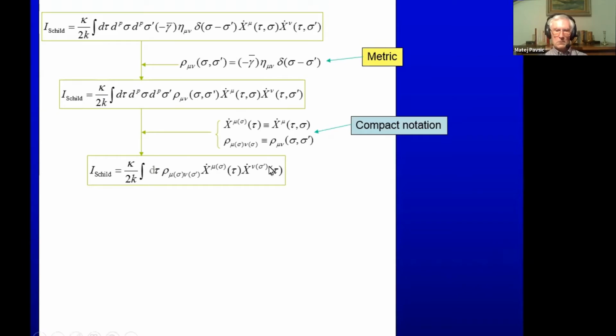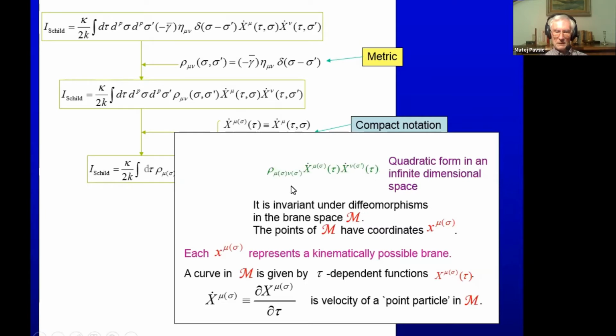Now, this object under the integral is a quadratic form in an infinite dimensional space. It is invariant under diffeomorphisms in the brane space, that is, under coordinate transformations in the brane space, that is, under transformations of the brane's coordinates x mu of sigma. This mu of sigma does not mean that mu is a function.